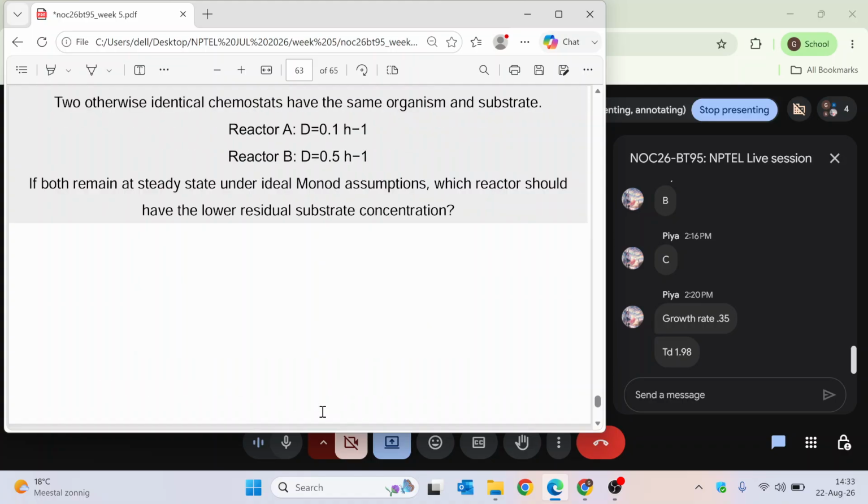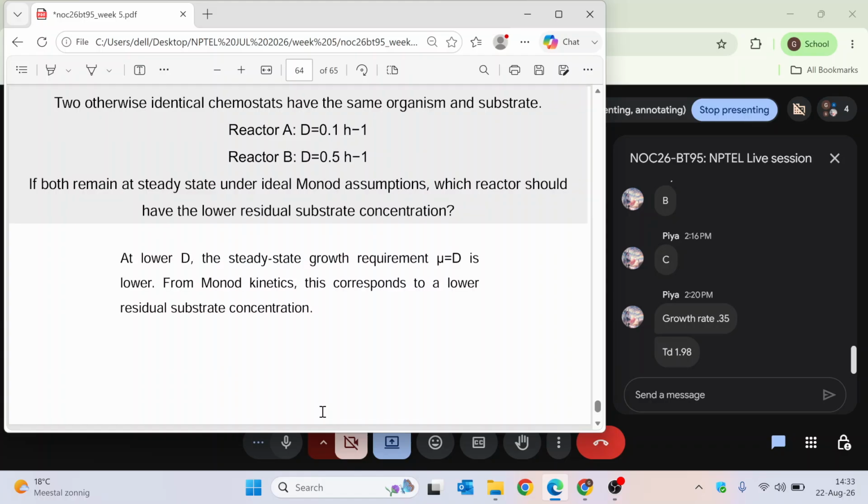Okay, the last question. Two otherwise identical chemostats have the same organism and substrate, but reactor A has a dilution rate of 0.1 per hour and B has 0.5 per hour. If both are in steady state under ideal Monod assumptions, which reactor should have the lower residual substrate concentration?